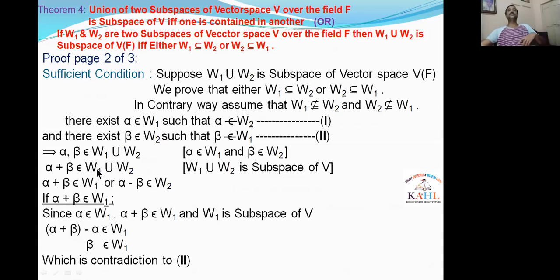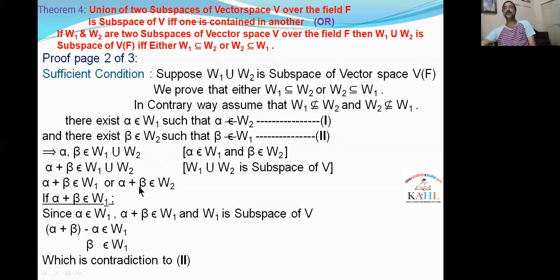Alpha plus beta belongs to W1 union W2 means alpha plus beta belongs to W1 or alpha plus beta belongs to W2. Sorry, it was wrongly written, I have corrected it. In both cases, we have to get a contradiction because we are going in the contrary way.